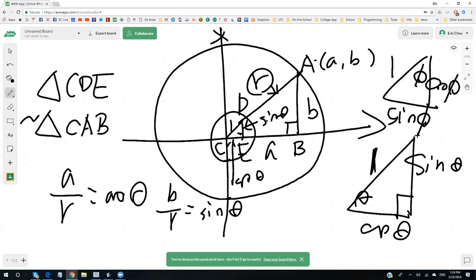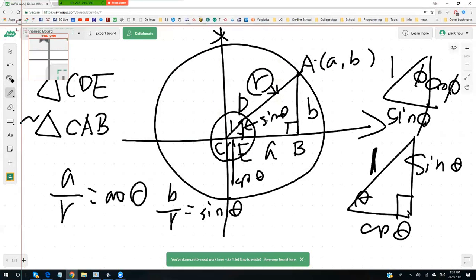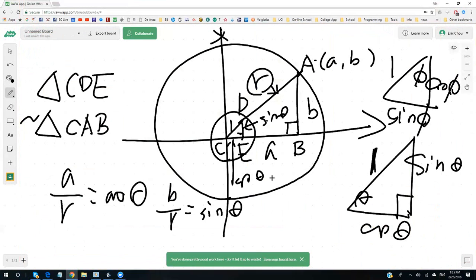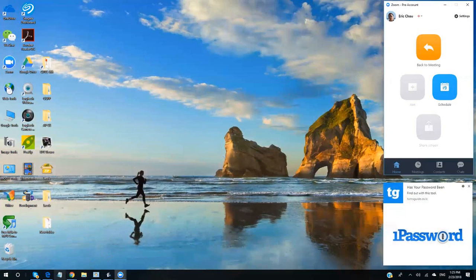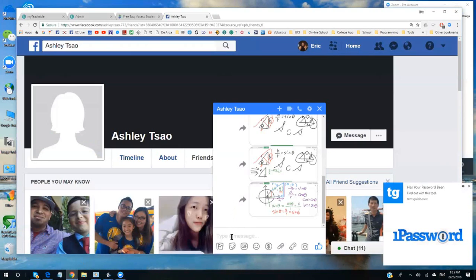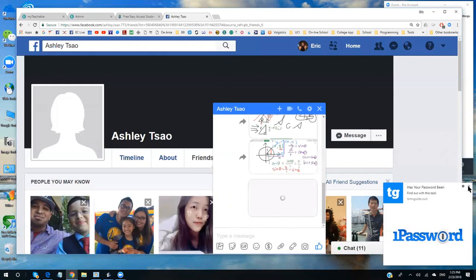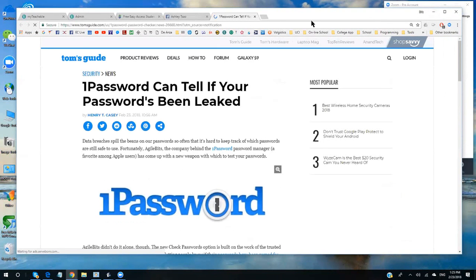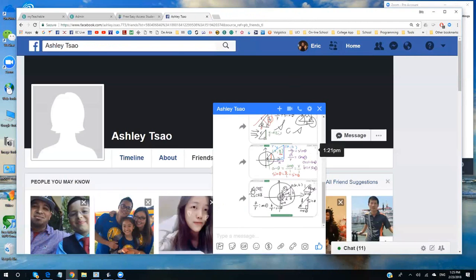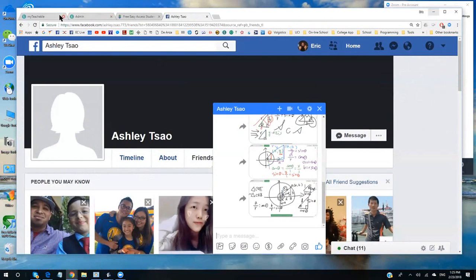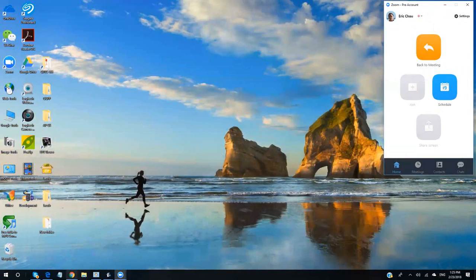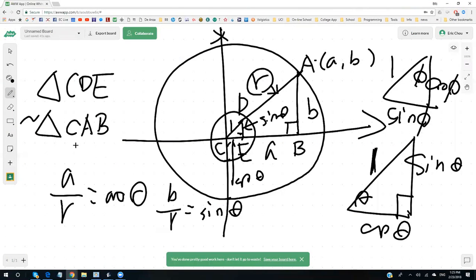So that's some sort of ratio. Sine and cosine are both ratios.